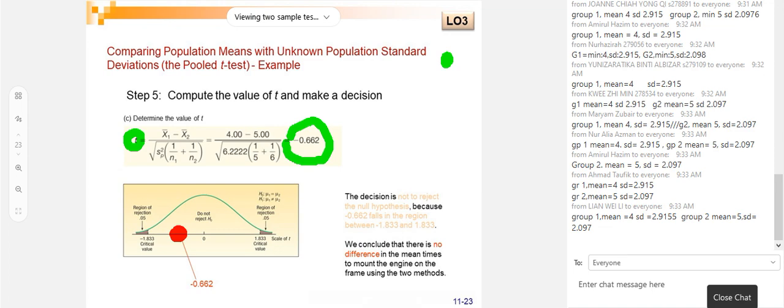Reject. So kalau tengok Zuni, do not reject H0. So dia duduk dalam zone ni, that mean do not reject H0, that mean we accept H0.